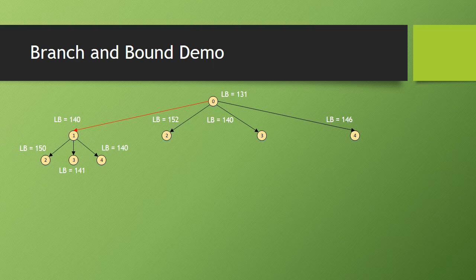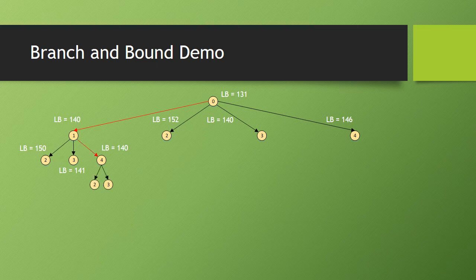So now we want to compare this new lower bound that we got on city 4 to all of the other values that are a level higher in the tree. And we see that we have nothing that's lower than 140, so we're going to continue on down the tree, and we're going to expand city 4 from city 1.